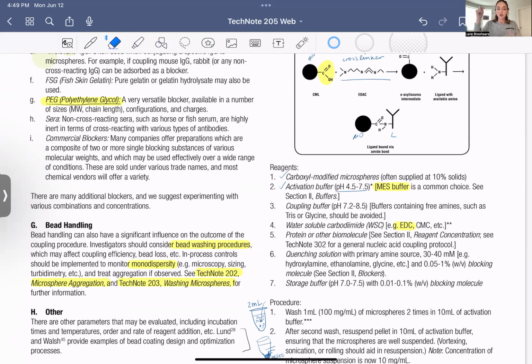And so first of all, just take care when you're doing that. But most importantly here, investigators should consider bead washing procedures, which may affect coupling efficiency, bead loss, etc. And process controls should be implemented to monitor monodispersity, e.g. microscopy, sizing, turbidimetry, and treat aggregation if observed.